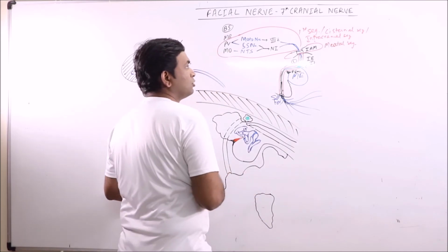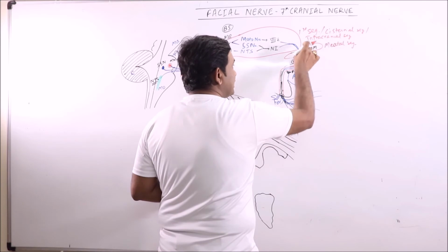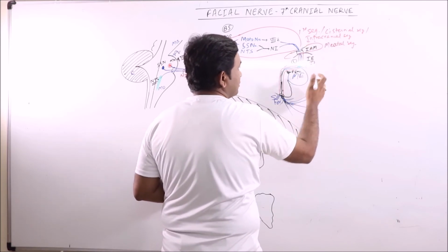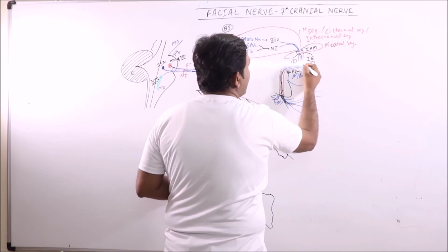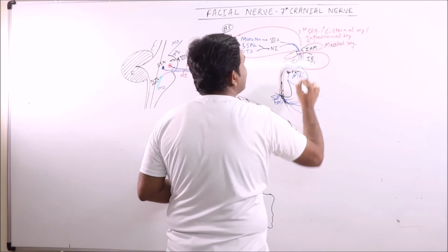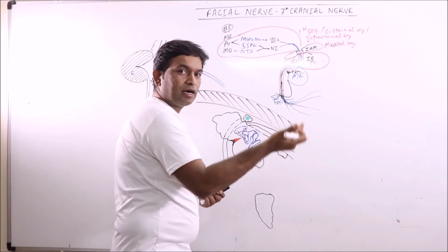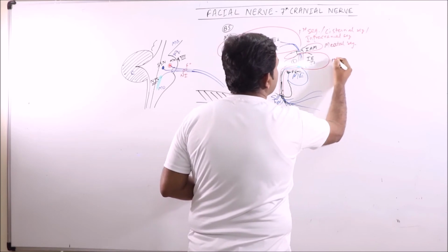The meatal segment also provides no branches. Then the third segment is in the facial canal's first part, starting from the end of the internal auditory meatus up to the geniculate ganglia. Genu means turn. So this is the geniculate ganglia and this is the third segment.